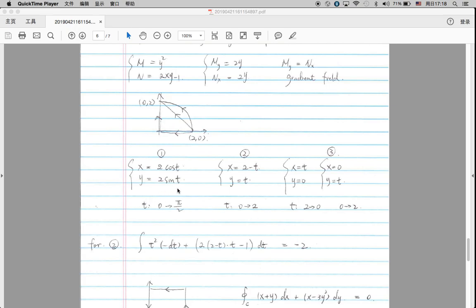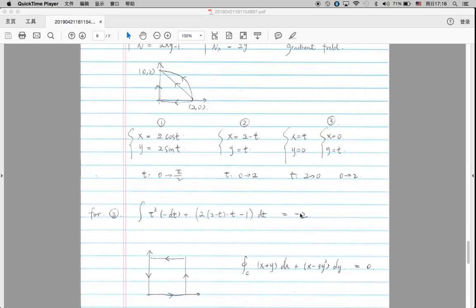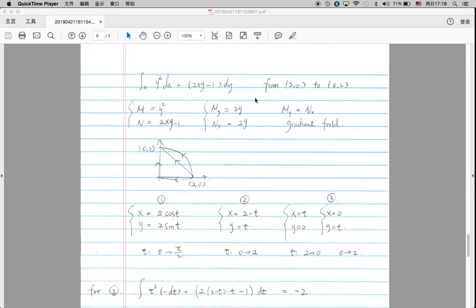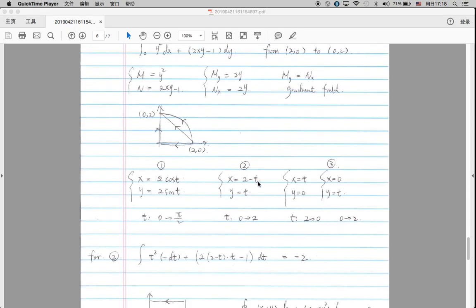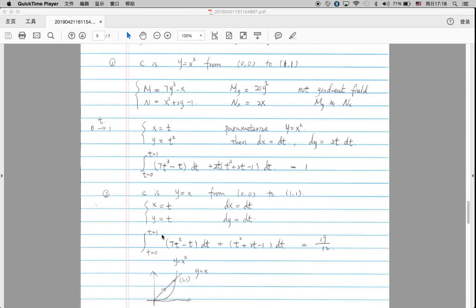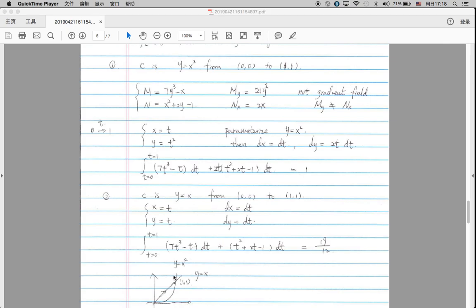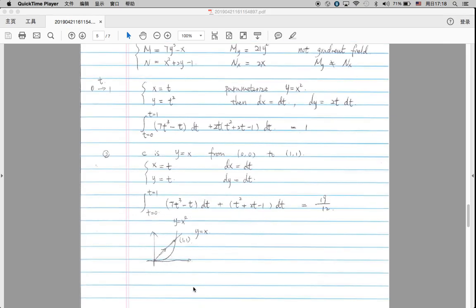So you can pause the video and try it yourself to check if these three paths will give you the same solution for this integral, no matter which path you choose. So that is different from our first example. If it is not a gradient field, then choosing a different path will give you a different solution.